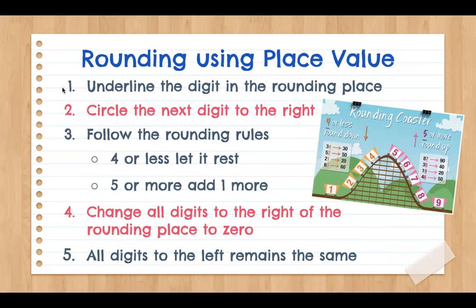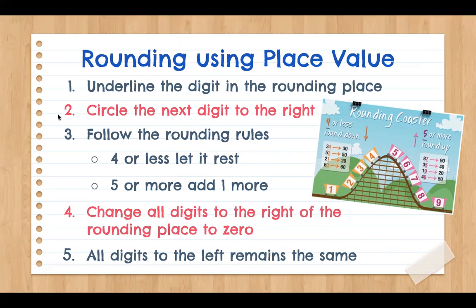Remember that I said place value is very important to know. It's going to ask us to round to the nearest 10 or round to the nearest 100. We have to know where those places are, and we will be underlining that rounding place.